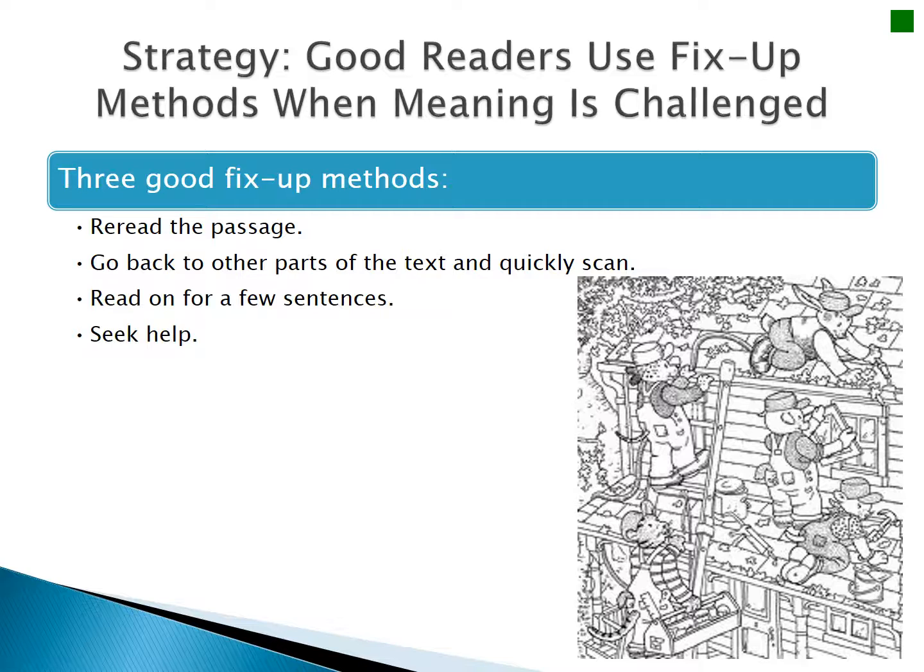Another thing that we can always try is to go back to other parts of the text and quickly scan. And like we said, reading on for a few sentences. Then you tell them to seek help, because if their comprehension is breaking down, it doesn't make sense to continue calling words. It's better to go ahead and stop and seek to fix up your comprehension.